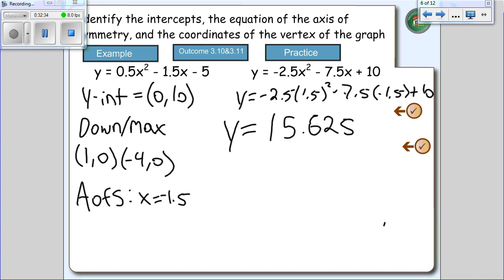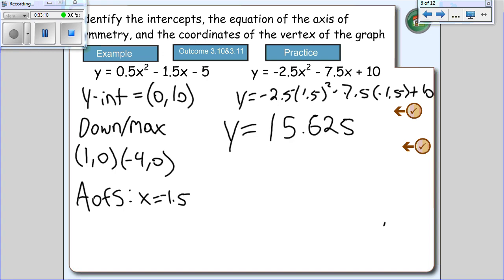Negative 1.5 squared will be a positive number, because anything squared is positive. Your calculator didn't get the square to be positive.